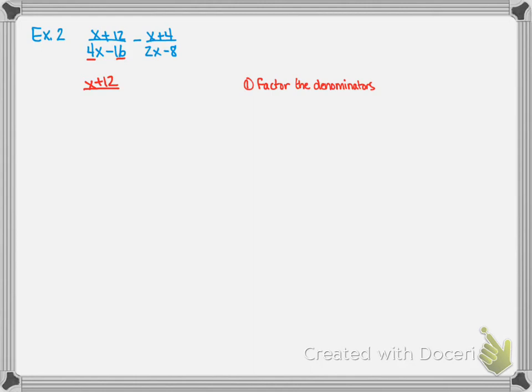Is there something that divides into both 4x and 16? Yes, it's 4. And then 4 times x minus 4 gets us the 4x minus 16. Then if I look at the 2x minus 8, again, we see a GCF of 2, so I could break that down into 2 times x minus 4.